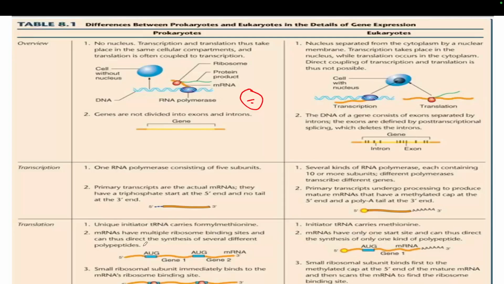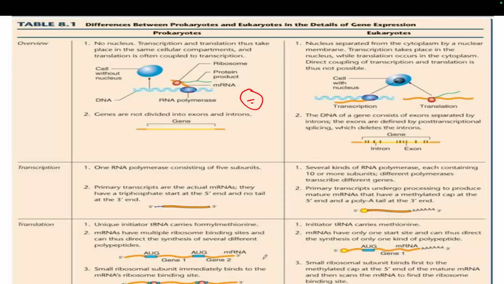And the mRNA has multiple ribosome binding sites because it is polycistronic, so that's why a single mRNA can code different types of genes, or different types of polypeptide chains. But here the events occur in different locations, that's why the mRNA in case of the eukaryote is monocistronic, and it is coding only a single type of gene.